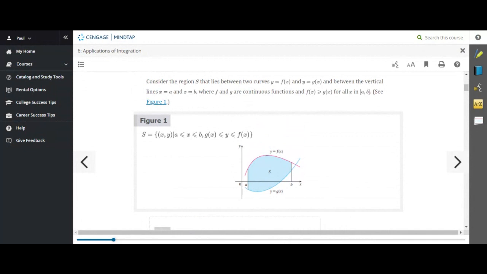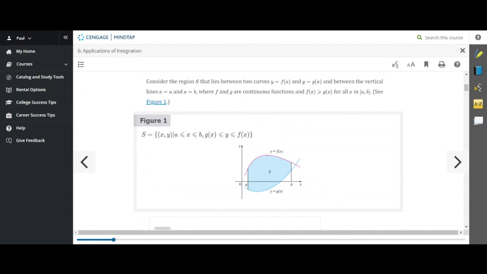S stands for, well, in the way they've defined S there in figure 1, S is the set of all points such that x is between a and b, and y is between g of x and f of x. It's all the coordinates in the xy plane that satisfy those two constraints.